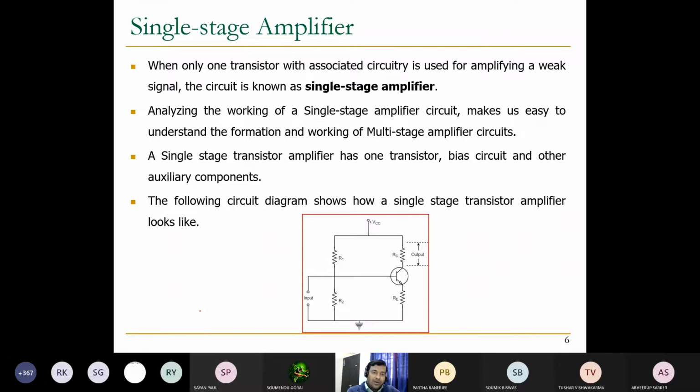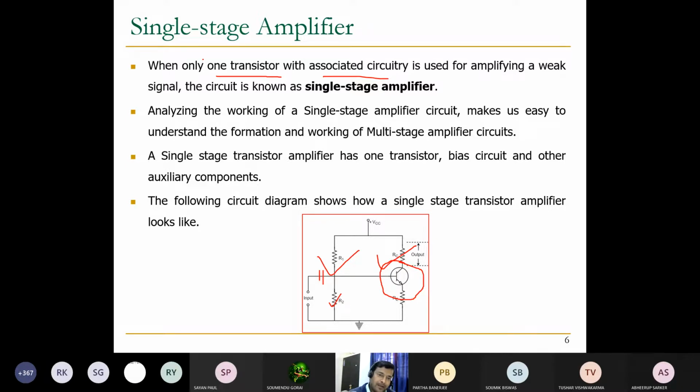Fine. So when only one transistor with associated circuitry, and associated means the rest of the components, coupling capacitors, resistors, biasing circuits, divider and supply, is considered for amplification of a weak signal, that is known as a single stage amplifier.